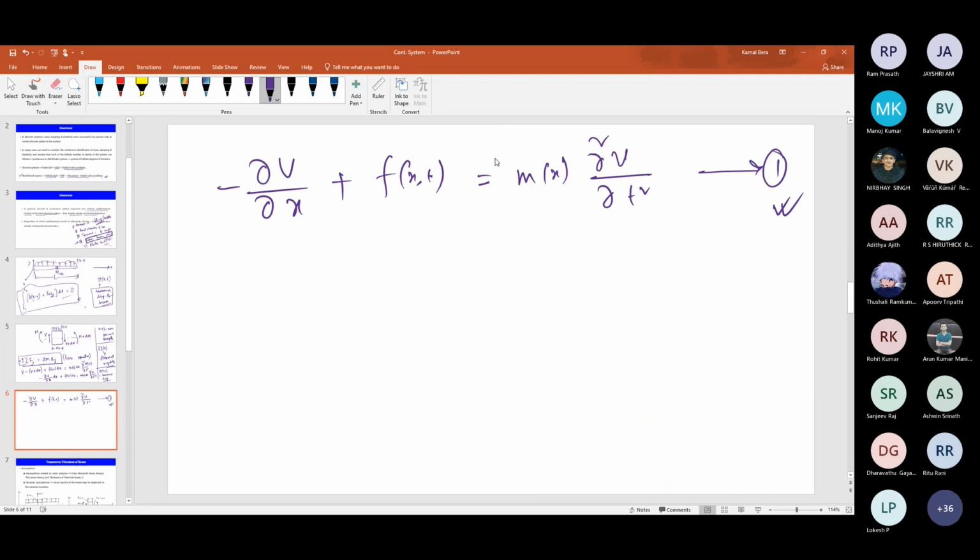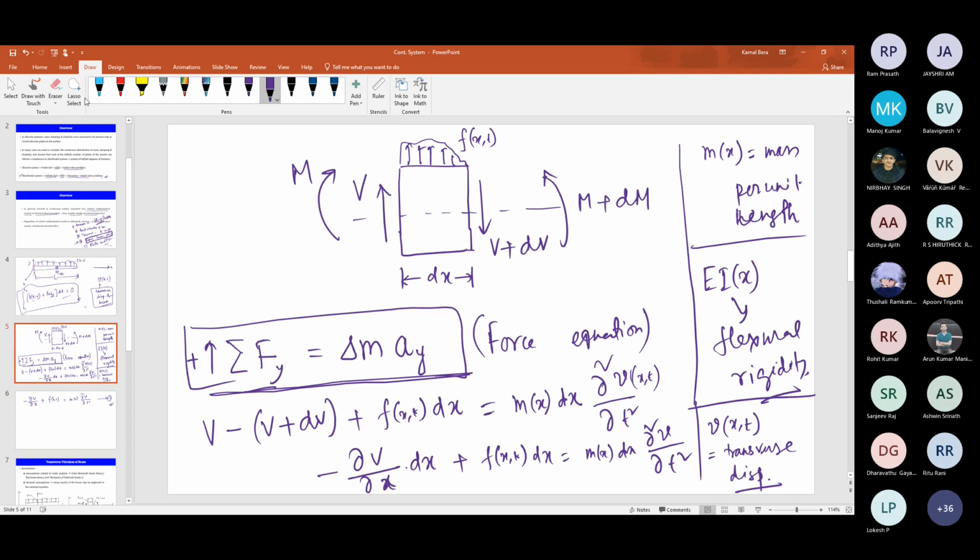What I am writing is very bad, del 2 del v, right? This is the confusion actually. Let me modify it: the shear force I'll call S. Is it okay if I call it S for the time being? Otherwise the v may get confused. So S minus S plus dS, because I am using small v for the transverse displacement.